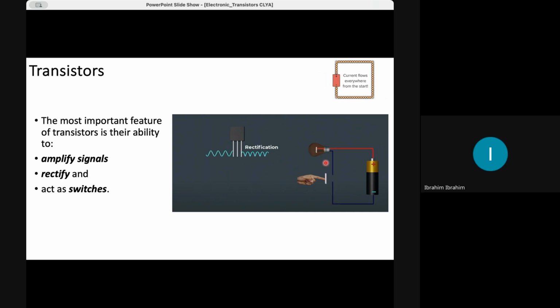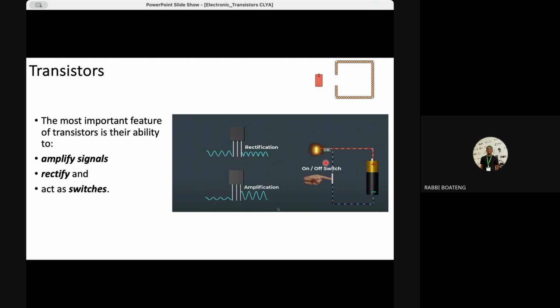I'm saying that the rectification that we did, which of the semiconductors did you use? We did rectification and the power supply.